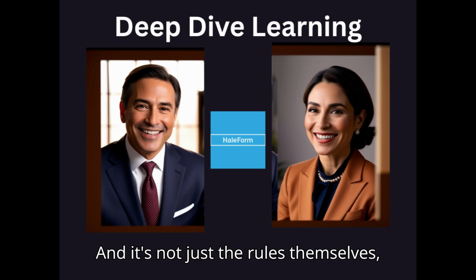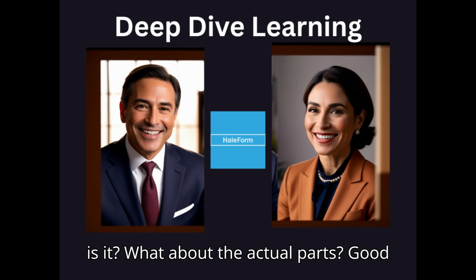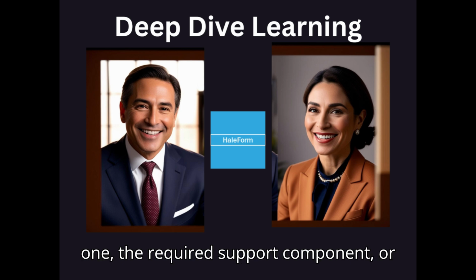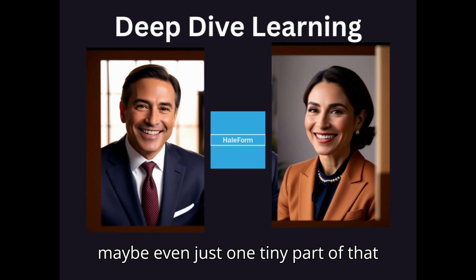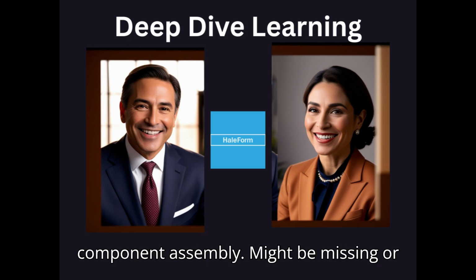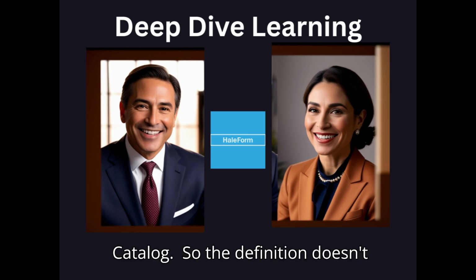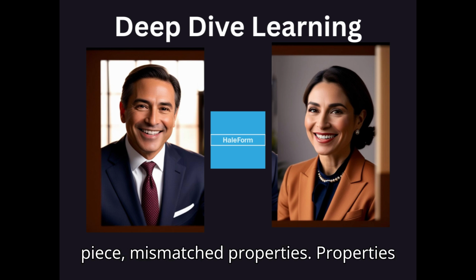And it's not just the rules themselves, is it? What about the actual parts? Good point. Catalog issues are another big one. The required support component, or maybe even just one tiny part of that component assembly, might be missing or defined incorrectly in the S3D catalog. So the definition doesn't match reality, or it's just absent. Exactly. And then there's the third piece, mismatched properties. Properties of what?